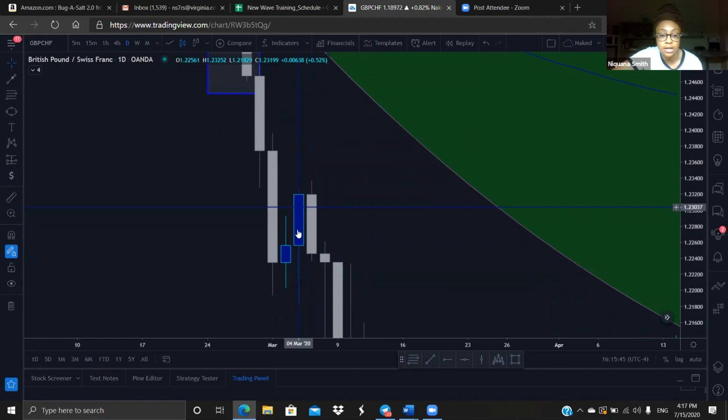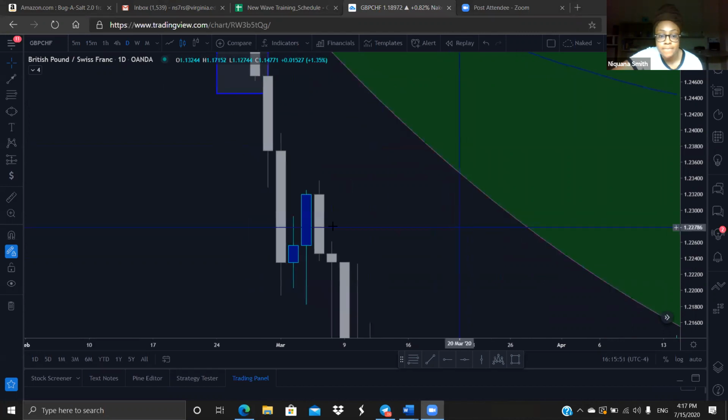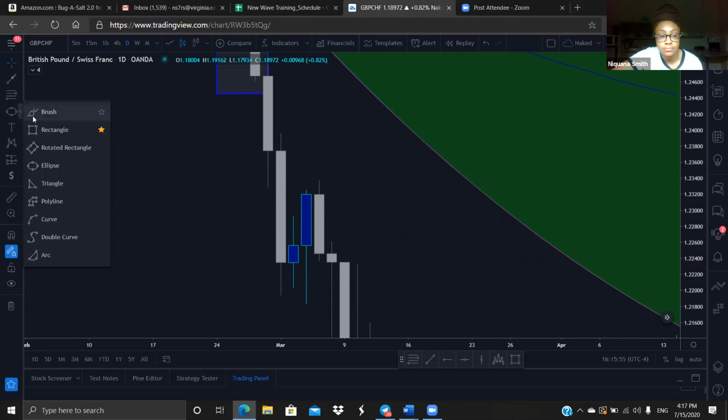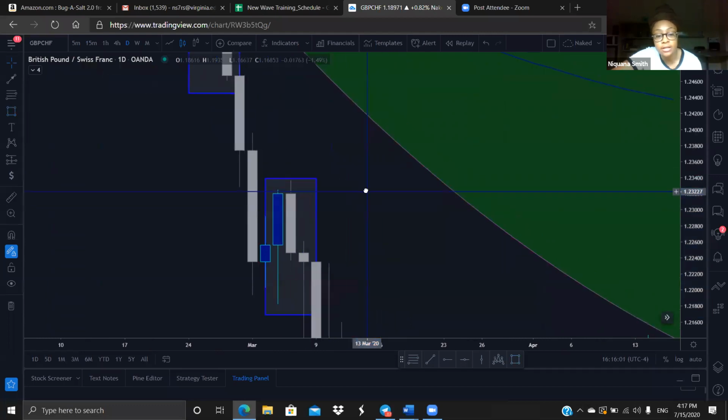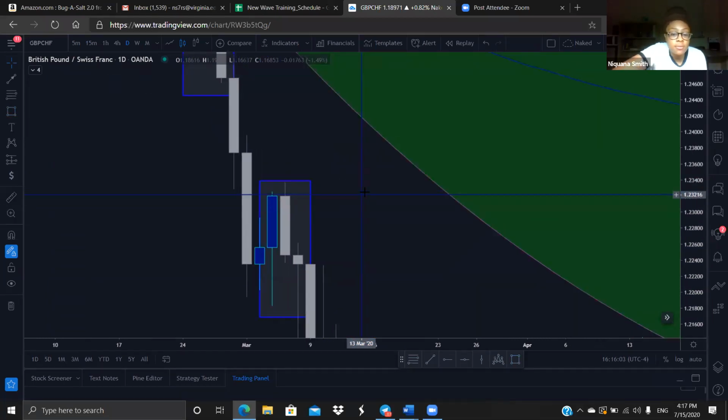Let me know if y'all see this pattern right here. Yeah. Okay, cool. This is your regular teacup pattern. Now there's actually many other teacup patterns, but I'm showing you the one that's most commonly seen within the markets.